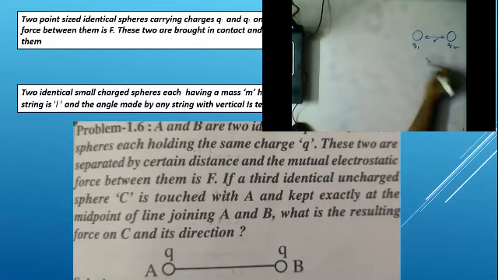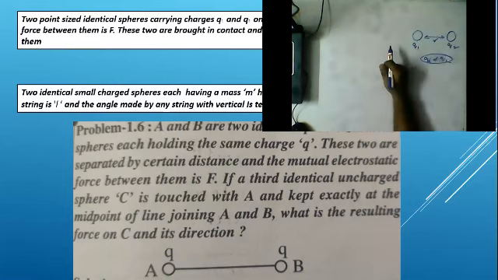Q1 is not equal to Q2. Keep that in your mind. They did not say the same charges. Q1 and Q2 are not equal. Only the spheres are equal.